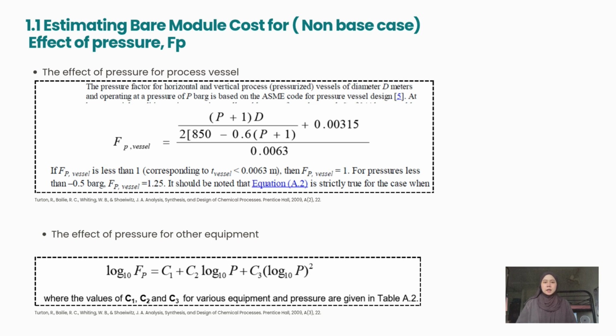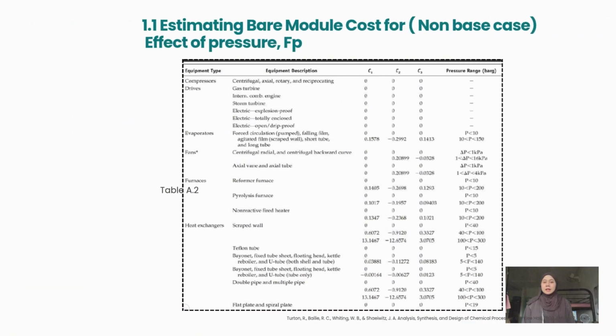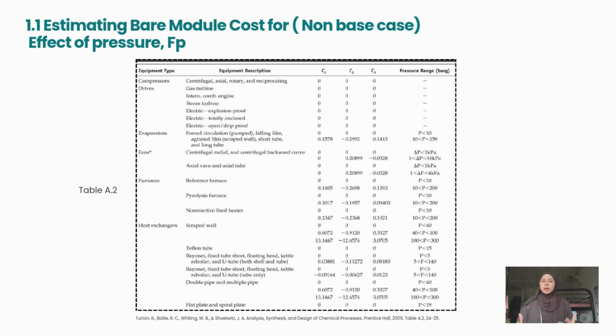As we can see here, the formula involves C1, C2, and C3 constants. This slide shows where we can obtain the values of C1, C2, and C3, which are available from Table A.2. That's all from me, and I will pass to Kisha for the material factor explanation.